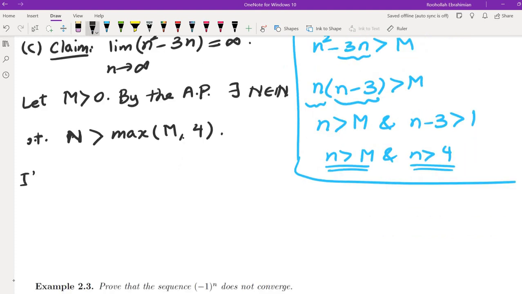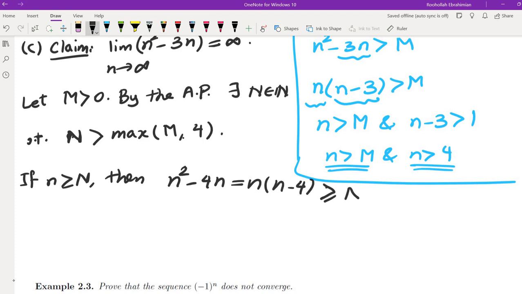Now if n is greater than or equal to N, then n squared minus 3n, which is n times n minus 3, is greater than or equal to capital N times capital N minus 3, because lowercase n is greater than or equal to capital N, and lowercase n minus 3 is greater than or equal to capital N minus 3, and both of these two are positive. This is greater than or equal to 1, and I'm sorry, this would have to be 3, not 4.